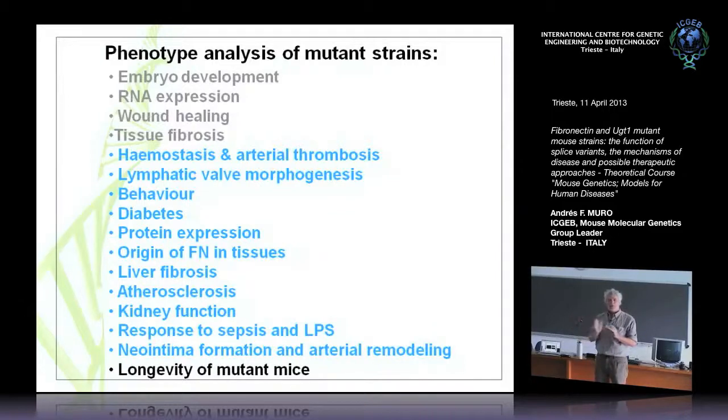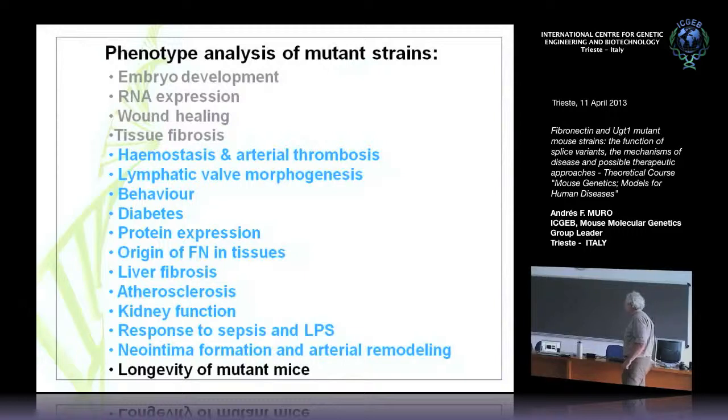In all cases, the fibronectin protein was present, different isoforms were present in each of the animals, but the protein was always there, and we could see that the protein affects in different manners all these processes that are listed here.